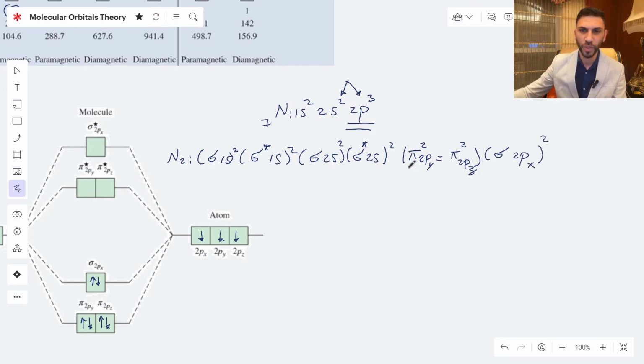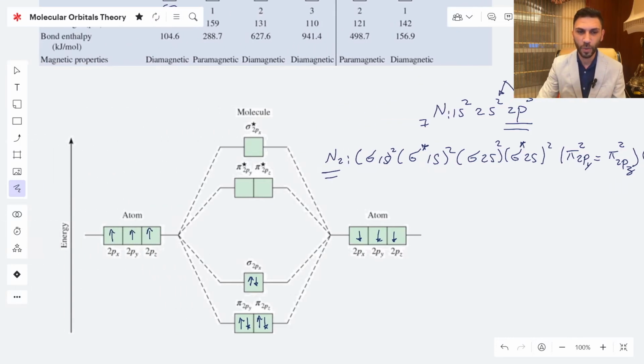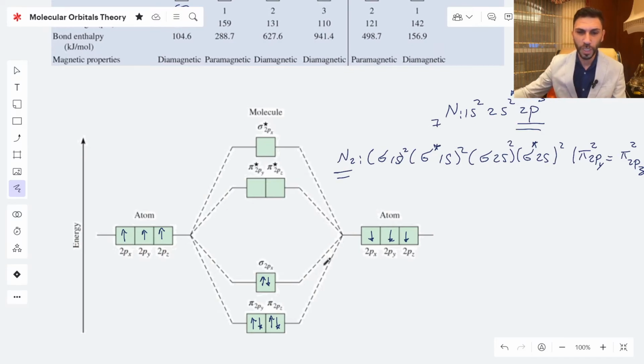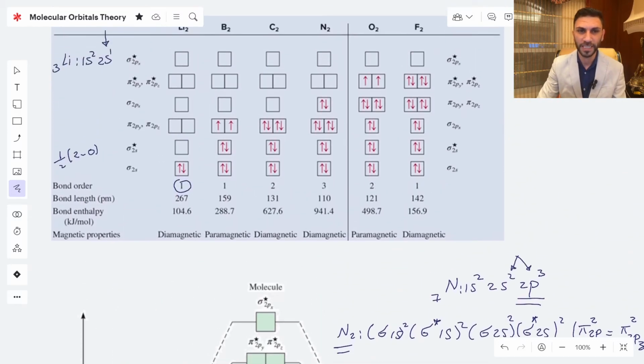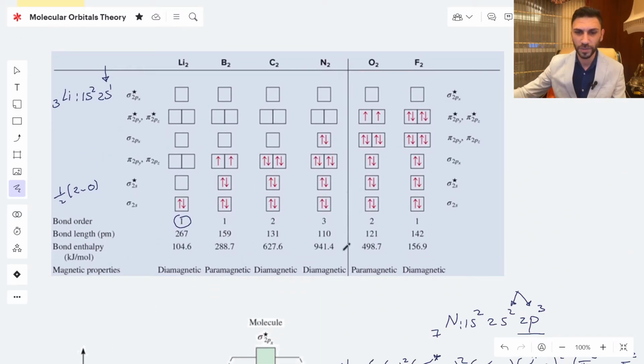This is the electron configuration for the molecular orbital for N2. Now let's check. For this molecule, we have paired electrons in the sigma 2px molecular orbital. So it's going to be diamagnetic, as you can see for the nitrogen.